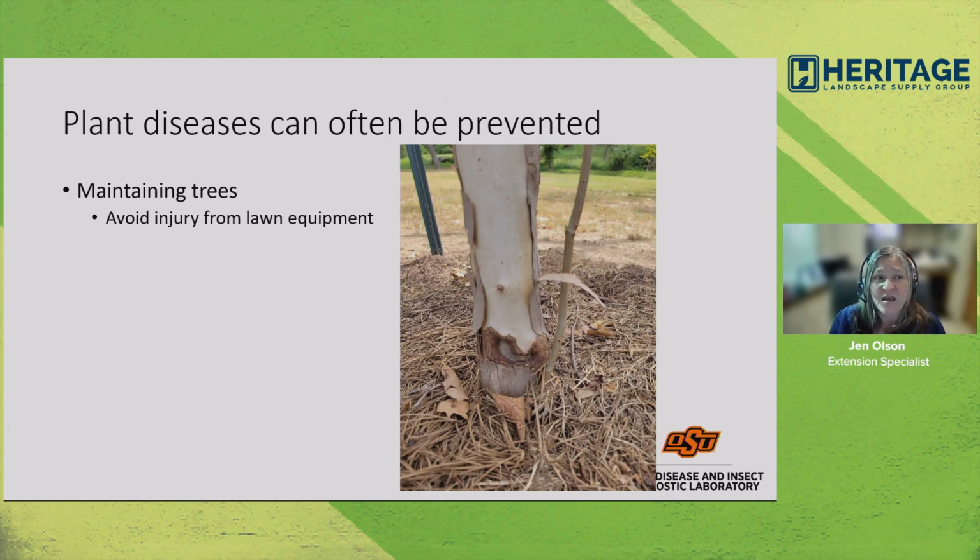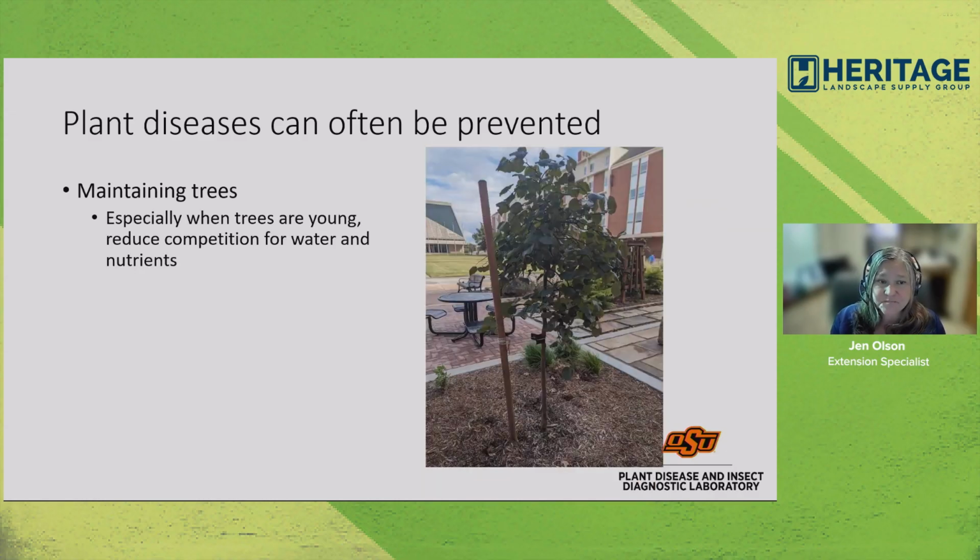And we can see some callus tissue developing around the base of that tree. So for maintaining trees, mulching, providing irrigation during periods of drought and heat stress, maintaining nutrition as based on a soil test, all great ways to help improve tree health in the long run.